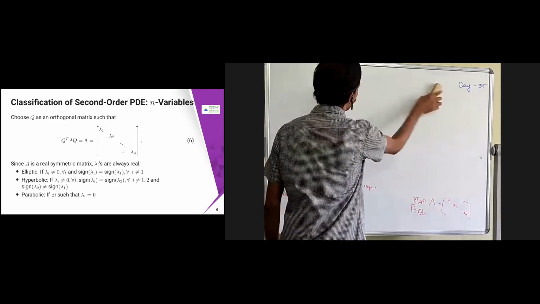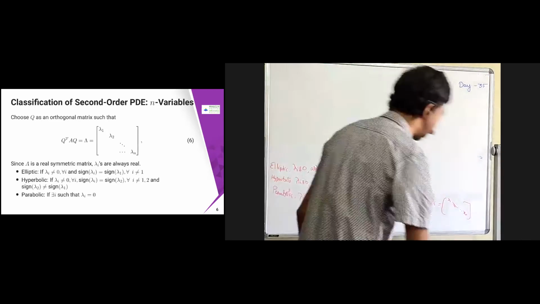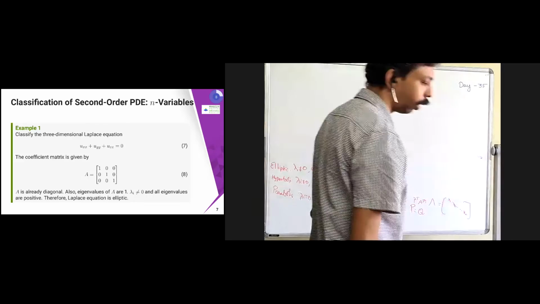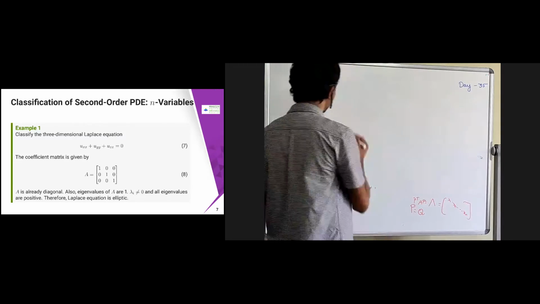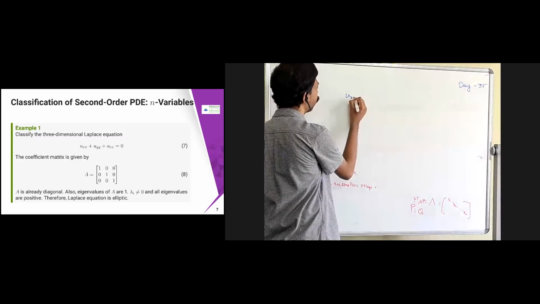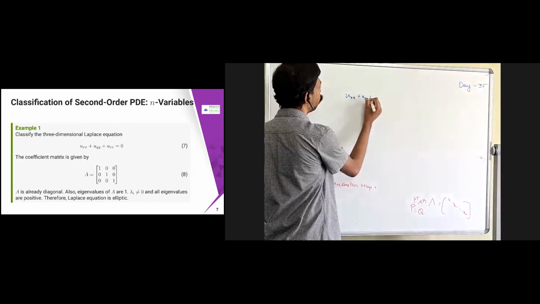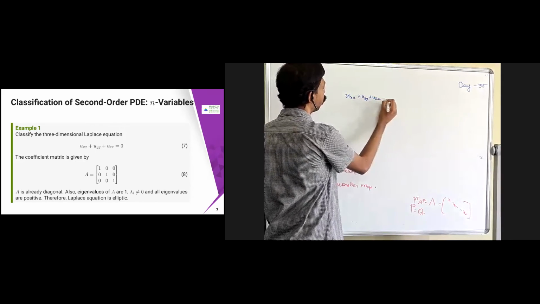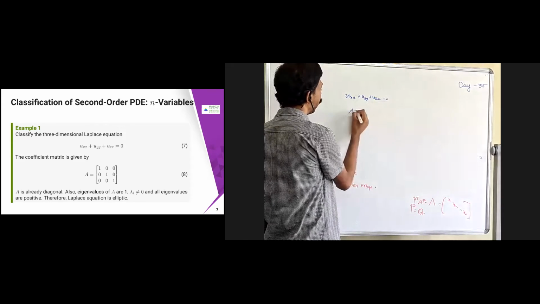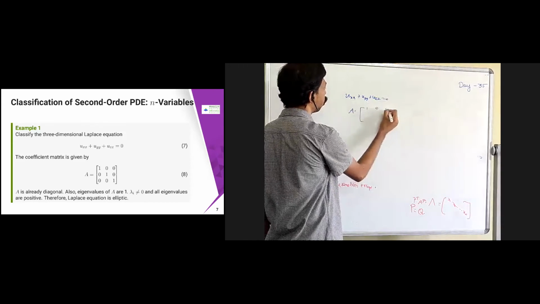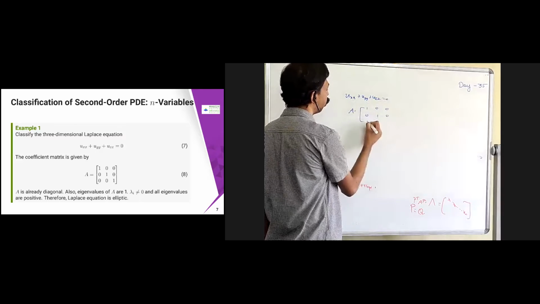So first problem, let us take the three-dimensional Laplace equation: uxx plus uyy plus uzz equal to 0. This I can write with A as the matrix 1 0 0, 0 1 0, 0 0 1.